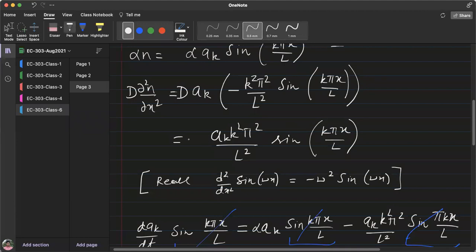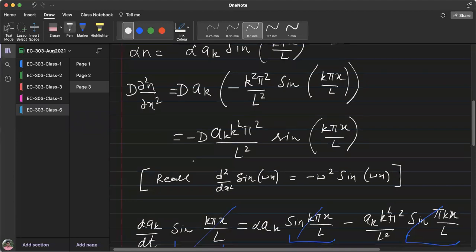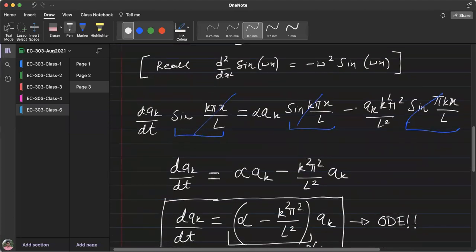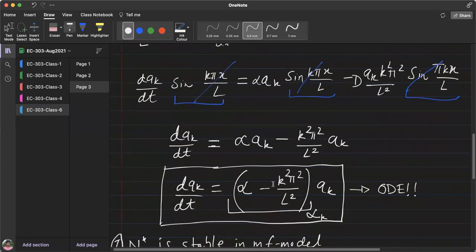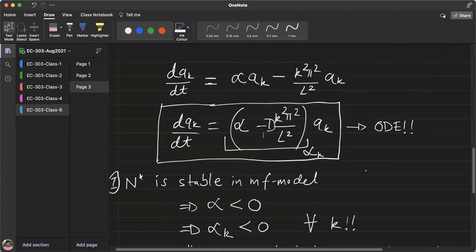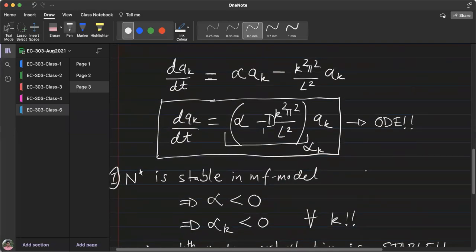Okay. D. So alpha K depends on D. Is that clear now? So larger the D, larger the negative alpha K becomes, faster the decay.